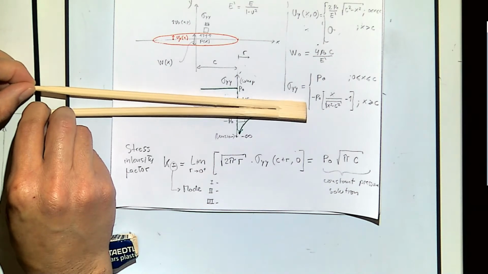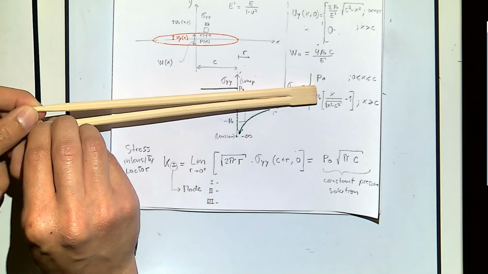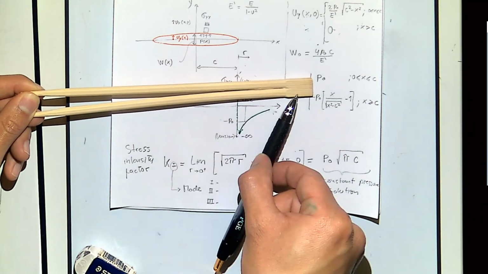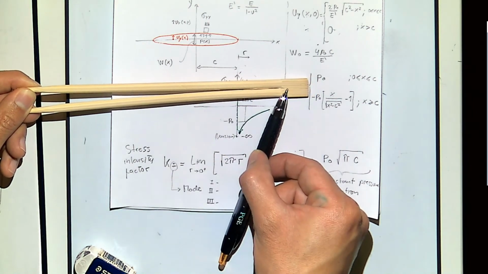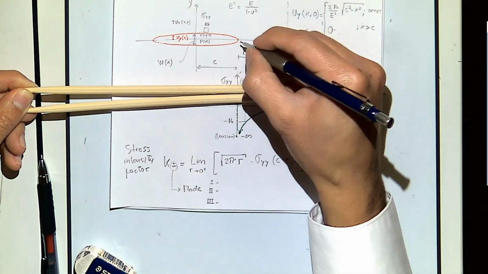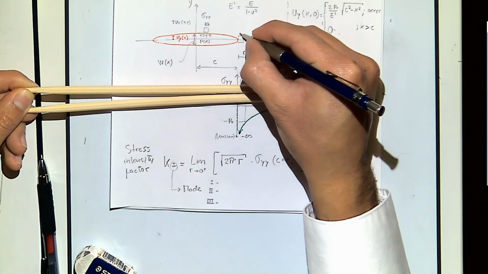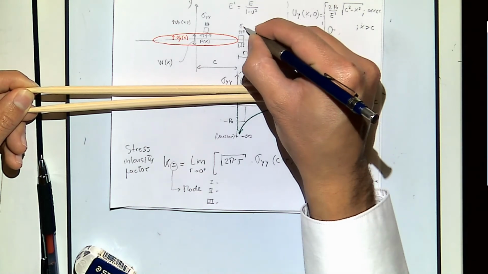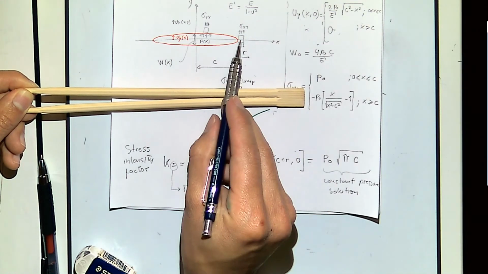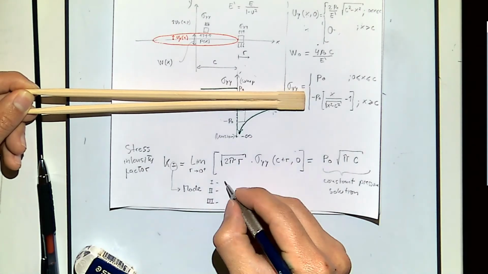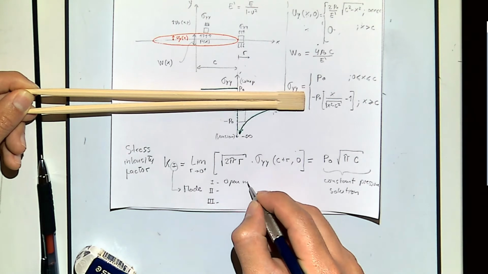And this is called an open mode fracture because the two walls are separating, and in here I have a fracture to propagate. Let me at the tip. As we said, we're going to have tension, and the fracture will open or will propagate by opening the two faces. So this is called open mode.